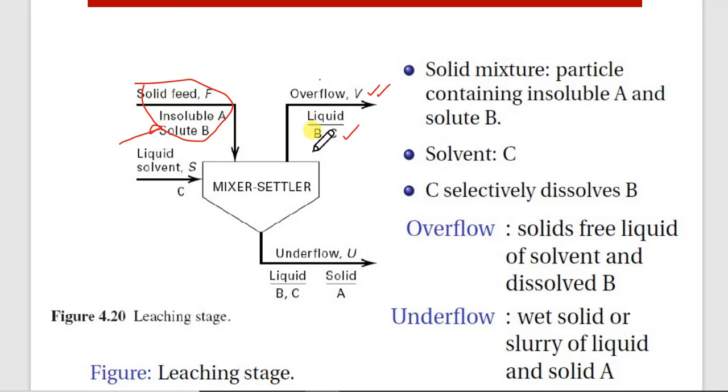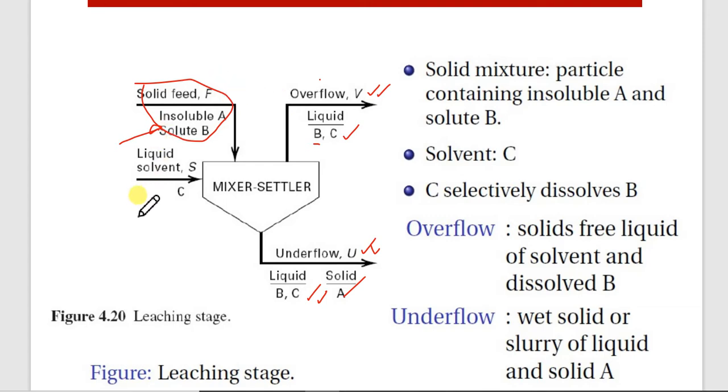This is overflow, and then underflow we have slurry, the solid. Then some solvent can come here. Okay, and if the leaching is not 100%, partial leaching, some solute can also come in the underflow.